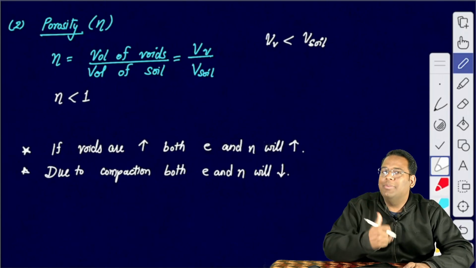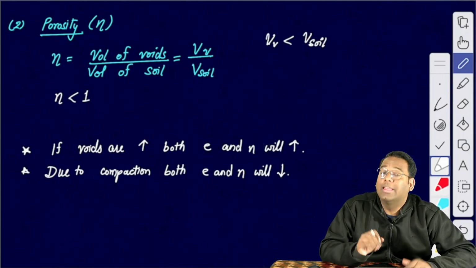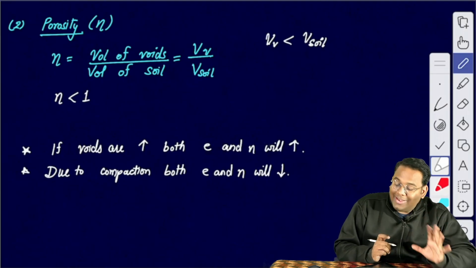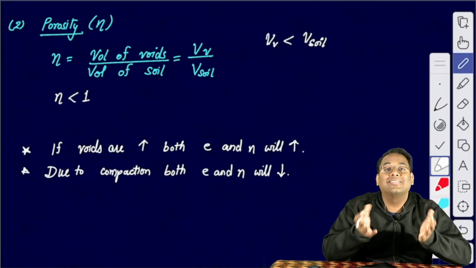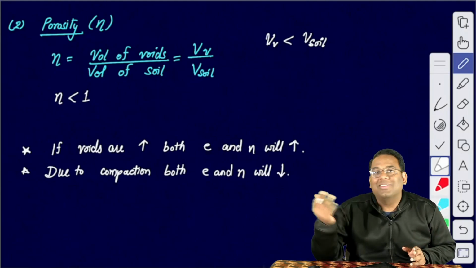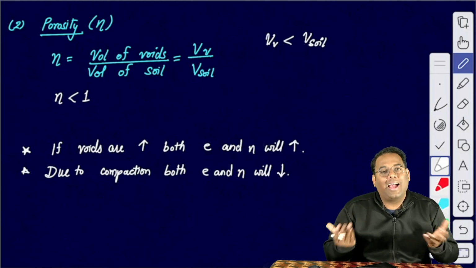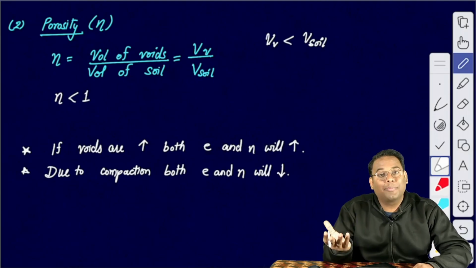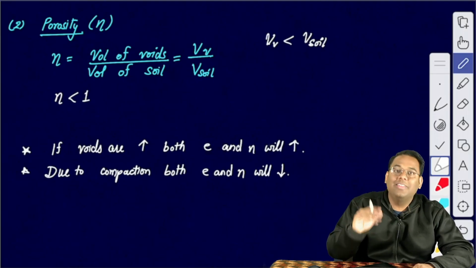And can eta be equal to 0 also? No. Why is it not possible? Because voids being 0 is not possible. If the voids are 0, that means that particular soil will be either a rock or only water. Even in the water form, that will be completely voids only.